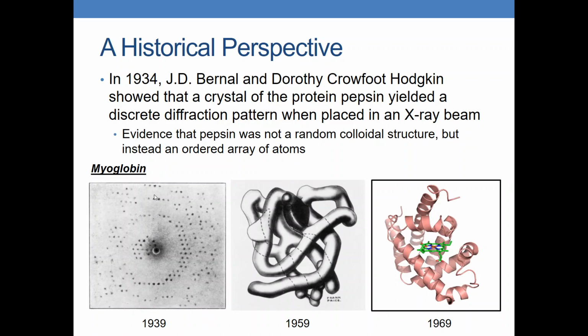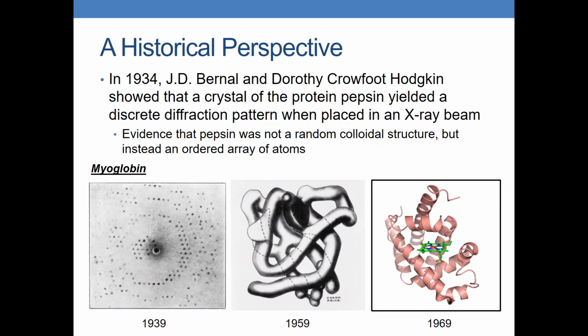So what you're seeing here are the scattered X-rays. Now, if your crystal is ordered as a whole, what you should see, due to constructive interference, are these discrete spots. These spots tell you where molecules are in your crystal.